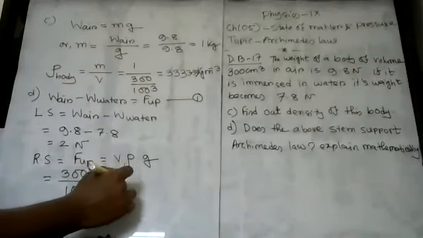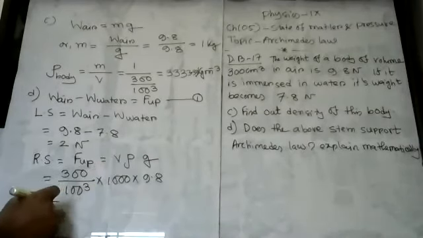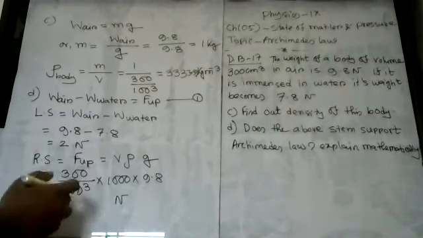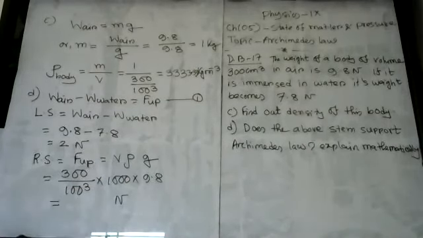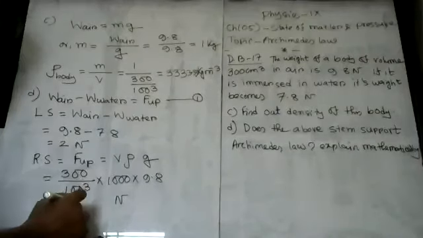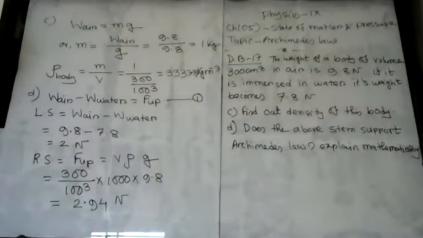The density of water is 1000 and g equals 9.8. Now find out, it is what? 2.94 Newton. Is it 2.94 or 1.94? Sir, it is 2.94. Okay? Yes, sir.